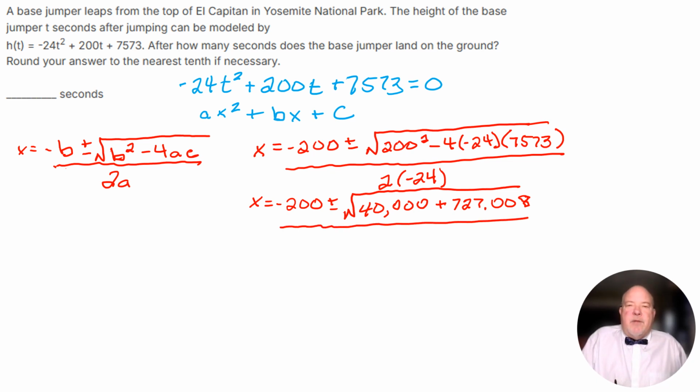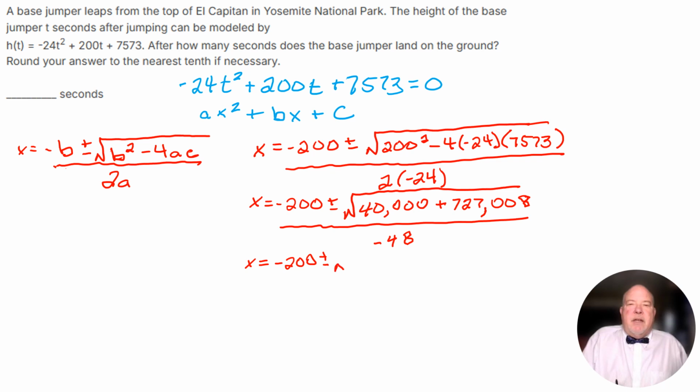2 times negative 24, and that gives me negative 48. So now we want to add the numbers together in the radical, the 40,000 and the 727,008. So we'll add those together. So now I have x equals, hopefully I don't run out of room here, negative 200 plus or minus.